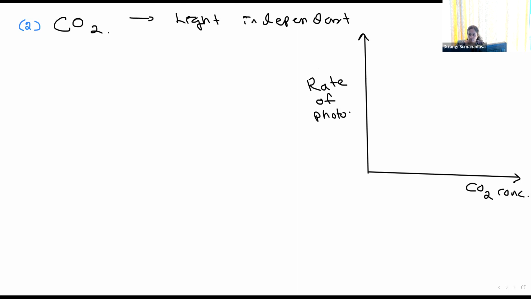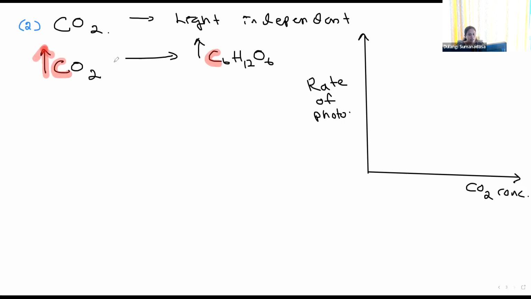So the stage that's going to be affected is the light independent stage, right? More carbon dioxide is coming to the Calvin cycle. You're getting lots of carbons to incorporate into glucose. The carbon source for glucose is the carbon dioxide.